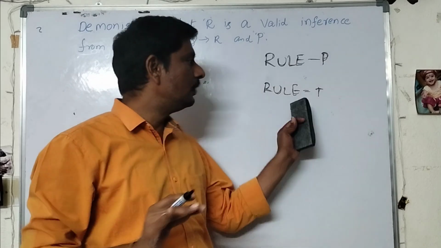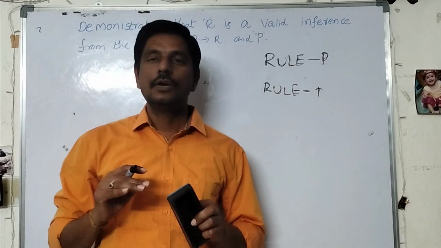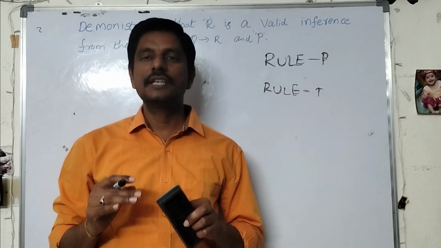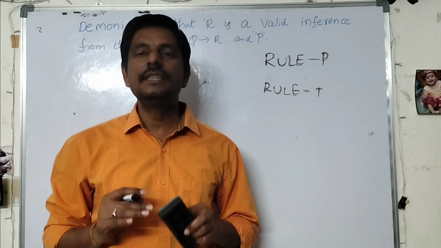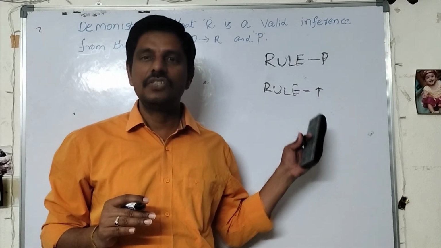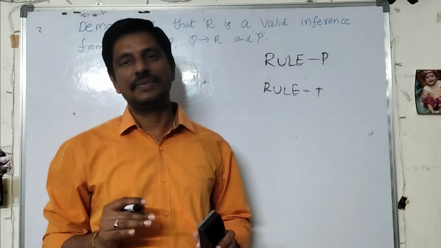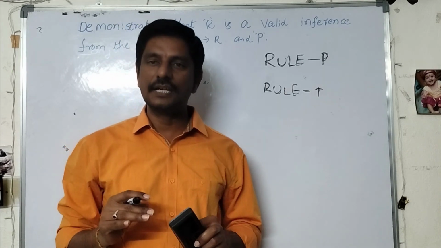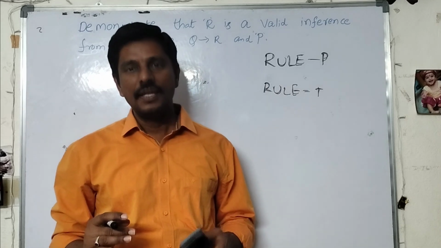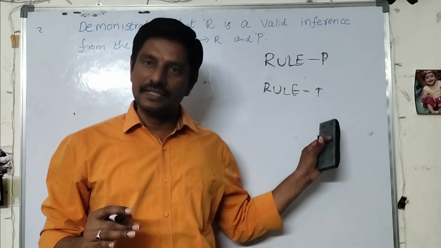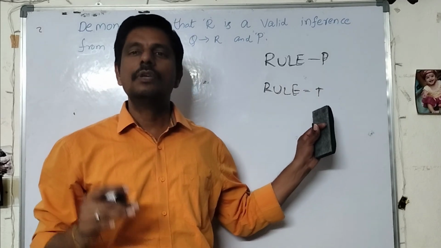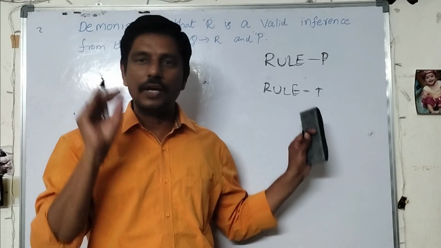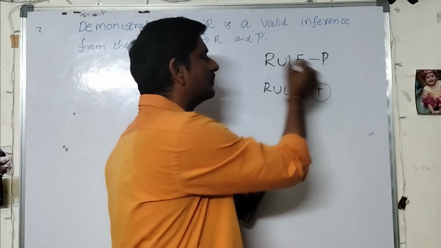And rule T is that we generate a formula using the premises which we used previously. We can also use logical equivalence, laws of logic, and previous premises. Using those three, we can generate a formula which is a true formula. That's why it is called rule T.